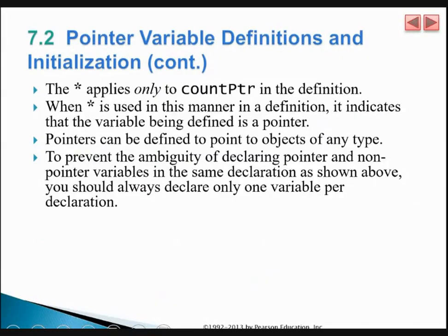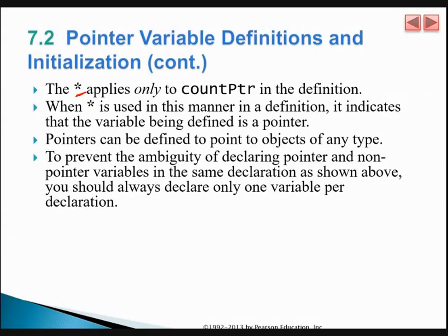Okay. Now, asterisk is applied only to count pointer in the definition. So whenever we use an asterisk sign before any variable name, that variable will become the pointer type variable. And that variable can store the memory address of a variable or any object of that type.